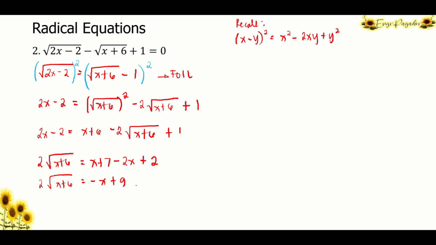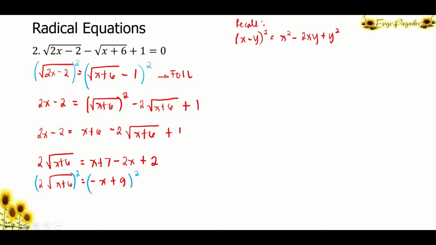So, ito na ngayon yung bagong equation natin. Now, since meron pa tayong radical sign dito, ulitin ulit natin or gawin ulit natin yung ginawa natin dito sa part na to. Okay? So, let us square again both sides to cancel yung ating radical sign dito sa isang side.